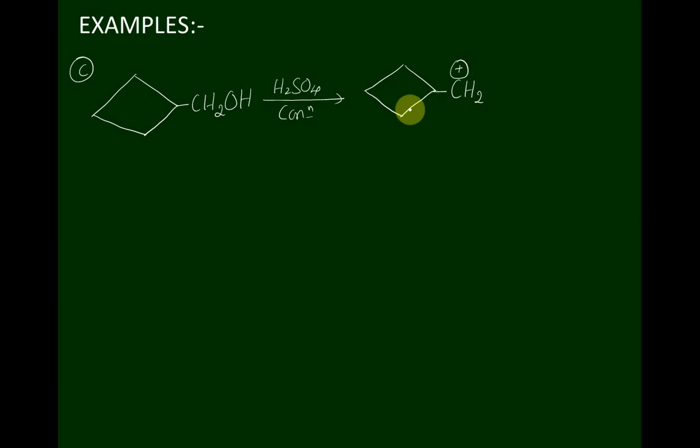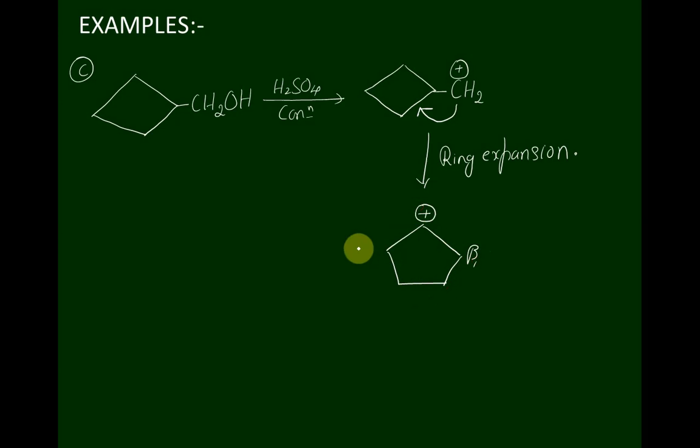Since cyclobutane possesses high angle strain, this carbocation enters into the ring, and this process is called ring expansion. During ring expansion, the angle strain of the cyclic molecule decreases and its stability increases. So the cyclobutane gets converted into a cyclopentyl carbocation.